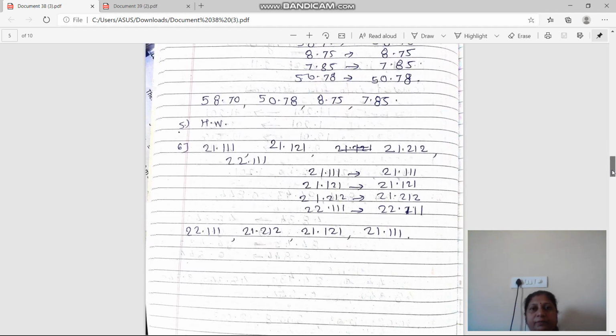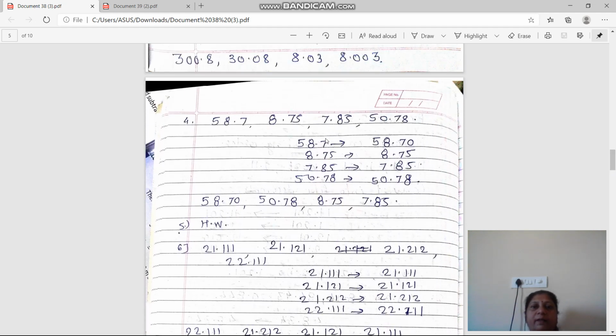Then this one. These are already like decimals except the first one, so we will convert it to 58.70. Now all are like decimals. So 58.70, 8.75, 7.85 and 50.78. Which is the largest one? 58.70. Next 50.78.